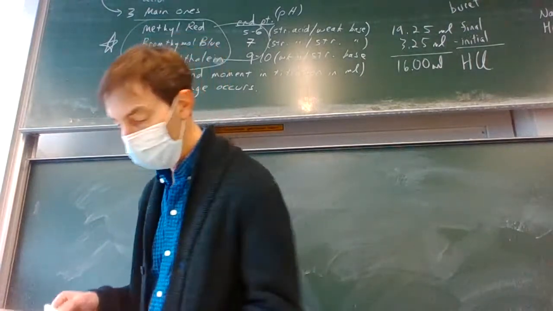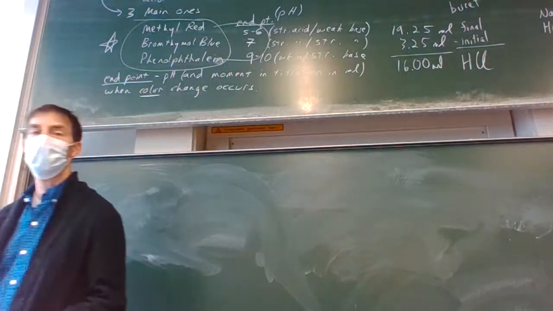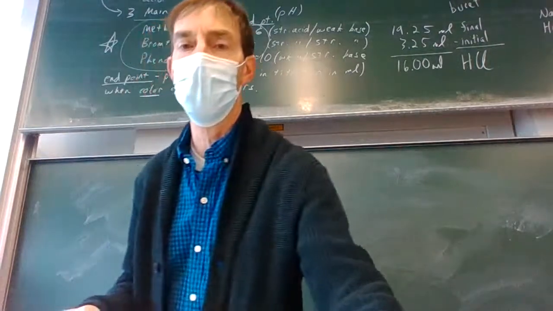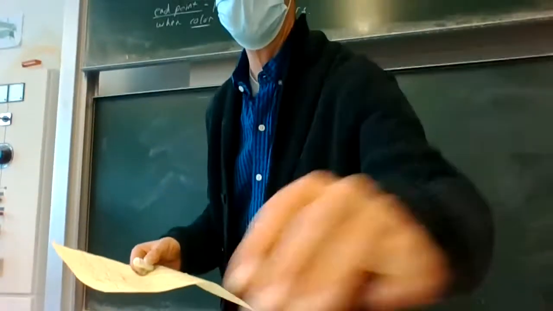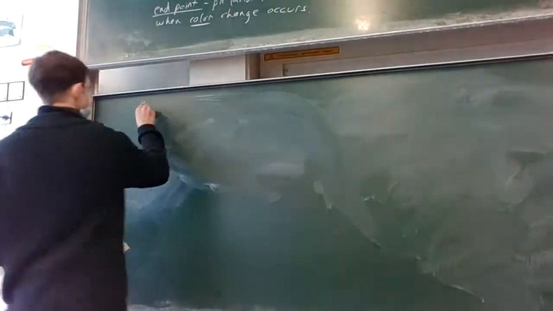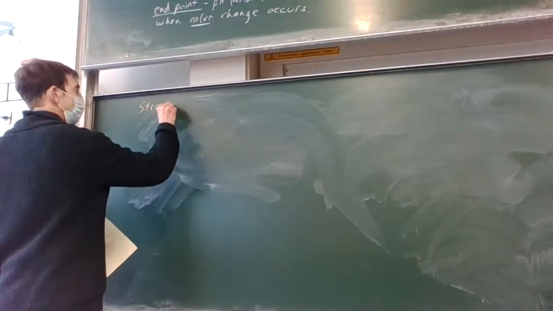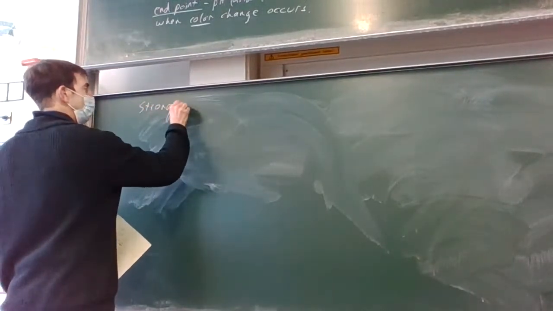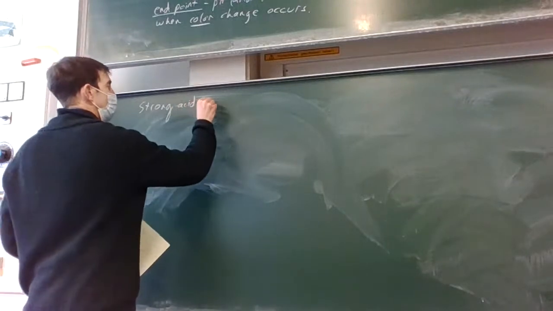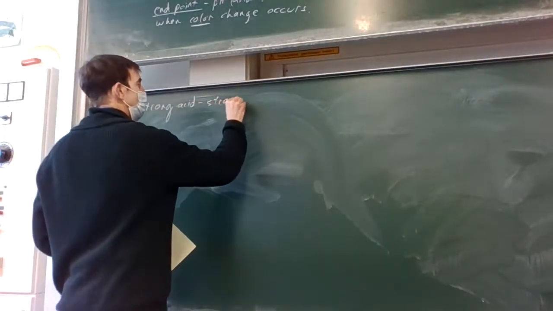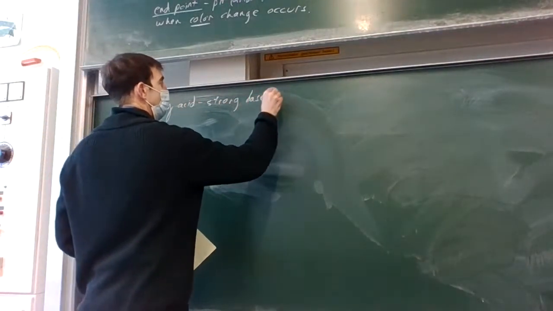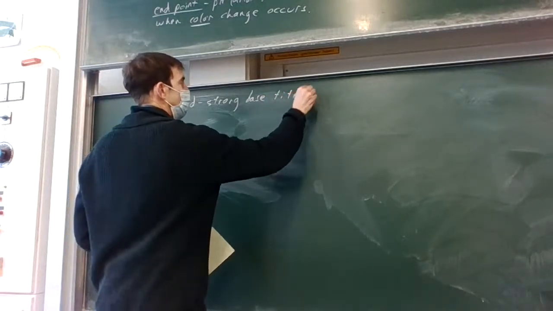We've already done strong problems when we talked about acids and bases initially in chapter 5, so I'm not going to spend a lot of time on them. Strong acid, strong base titrations.